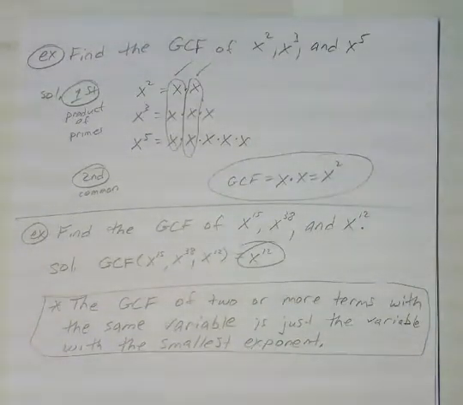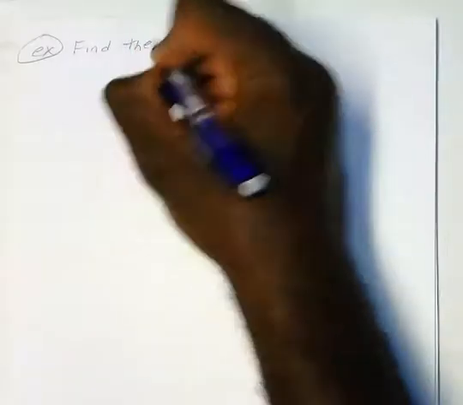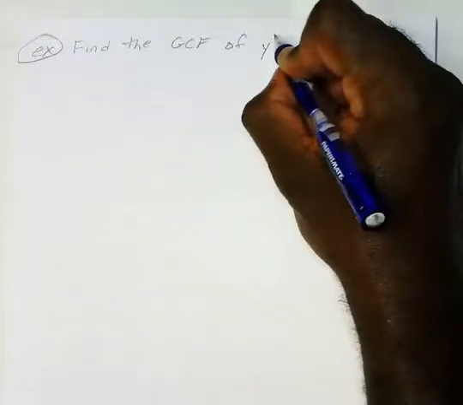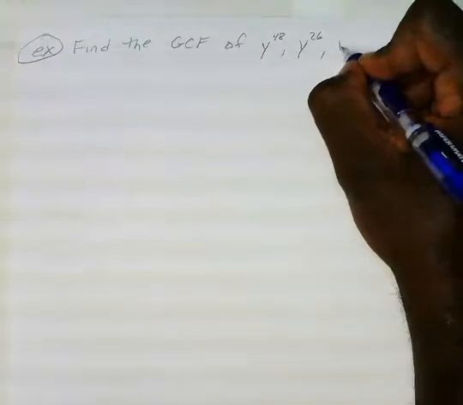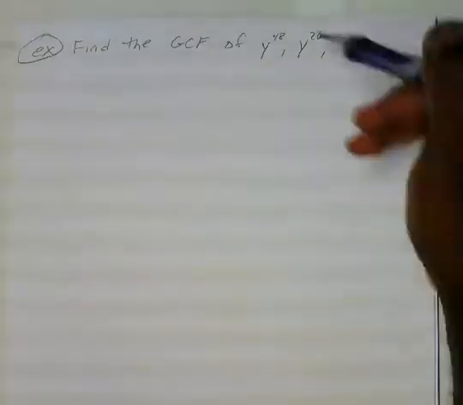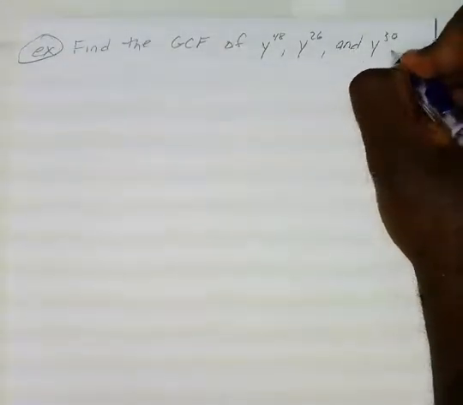Alright, so let's say, for example, we do another quick example. Find the greatest common factor of y to the 48th power, y to the 26th, and y to the 30th power.